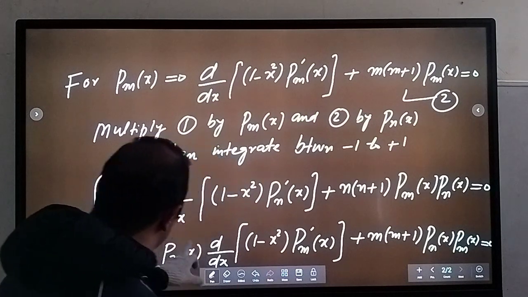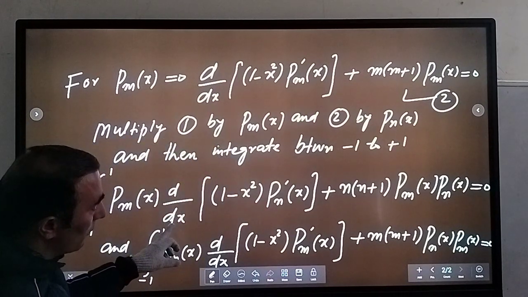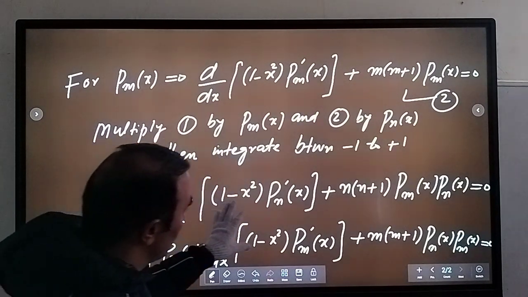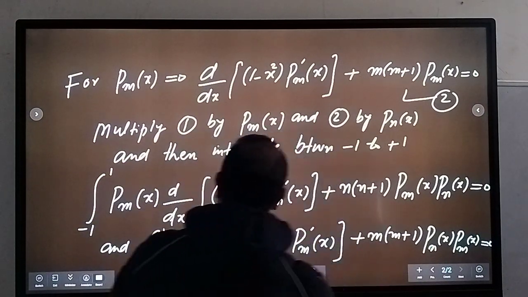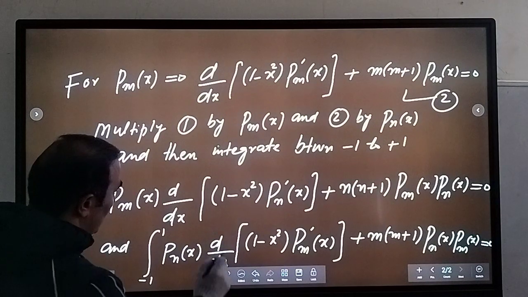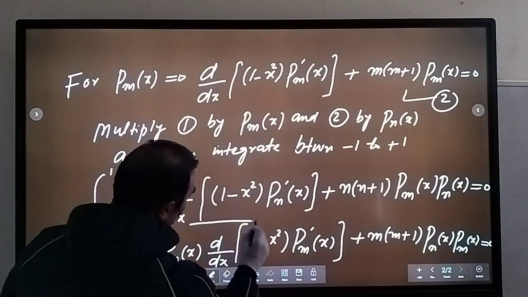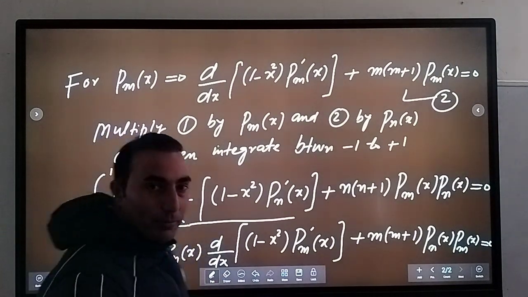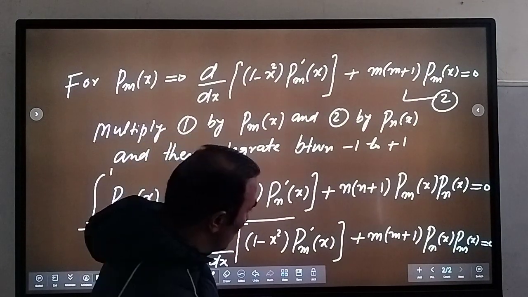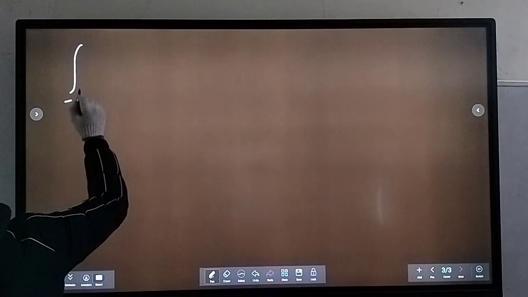So if I evaluate this equation, we have two equations here. Let us evaluate the first equation. So when I evaluate this term, let us choose this one. So this whole term, let's evaluate this and integrate between limits -1 to +1, right?